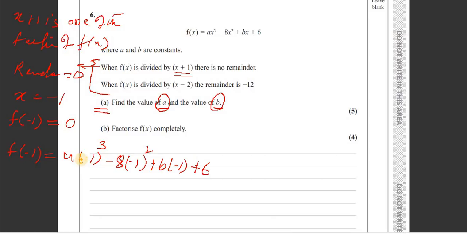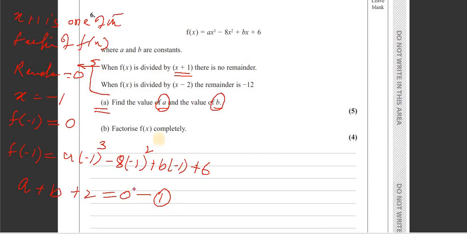If you simplify all this expression and take everything to one side, on the other side you have a 0, so you have a final equation: a plus b plus 2 equal to 0. This is your equation number 1.